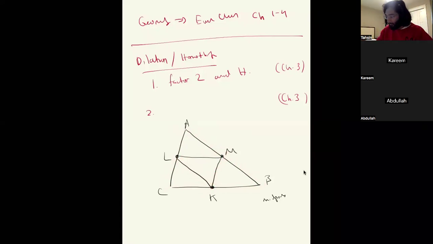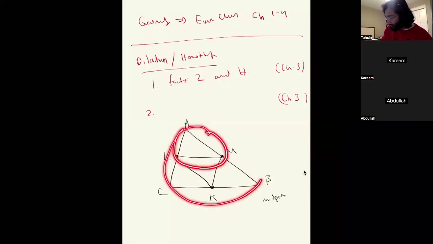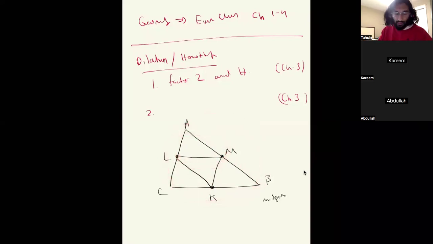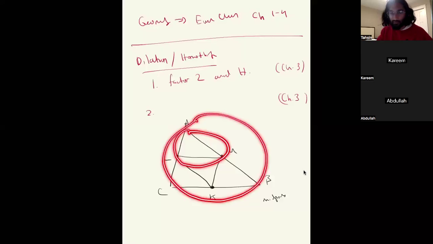Yes. Okay. So now there are some sort of uninteresting dilations. There's one that takes KALM to ACB. That one's not so interesting. It's centered at A and it's a factor of 2. But at least it tells you some things, like this circle is tangent to this circle.